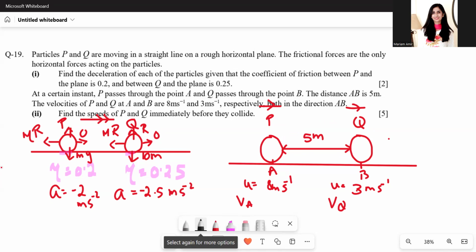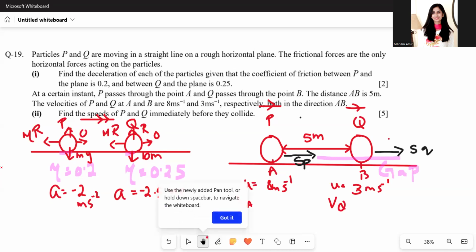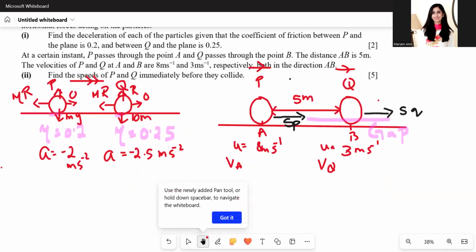As the particles move, let's say this is the distance covered by particle P, and this is the distance covered by particle Q in time t. Then this till here is the gap between the particles at time t.